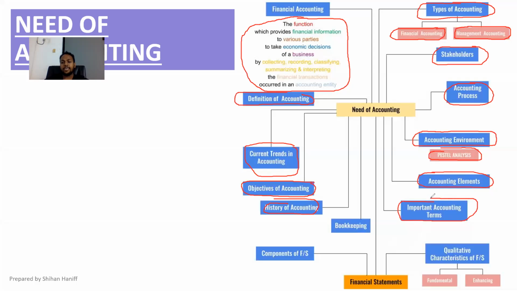So the important terms in accounting and a concept called bookkeeping. Then we have financial statements, the output of accounting, the components, the characteristics. So this is the complete syllabus.